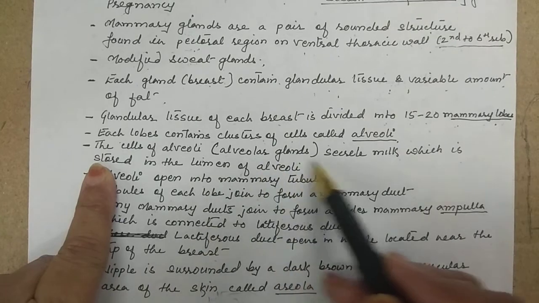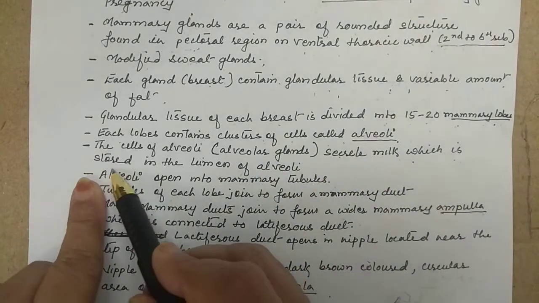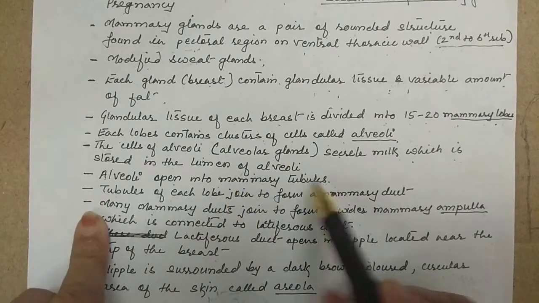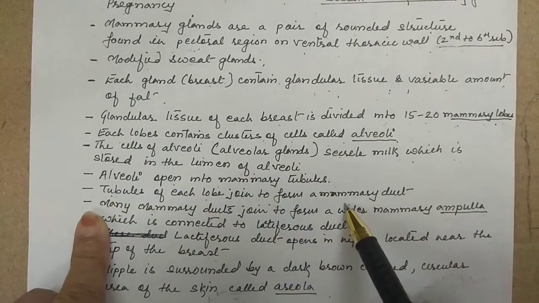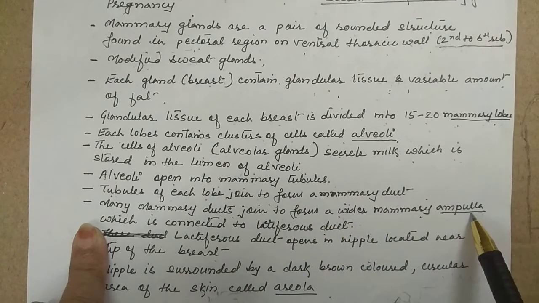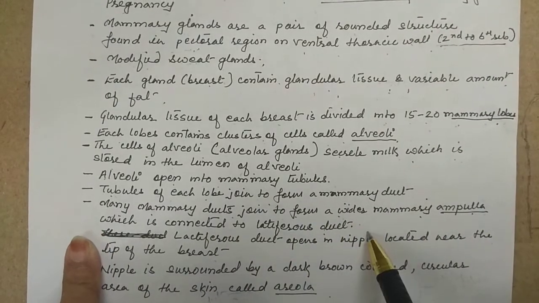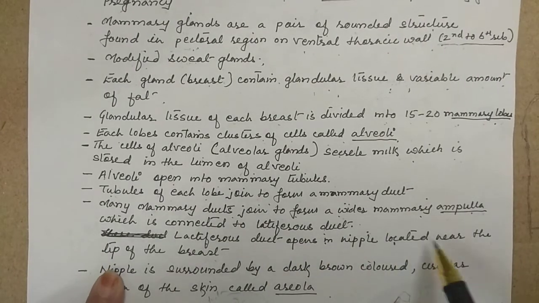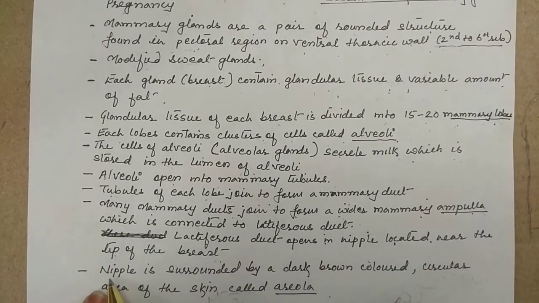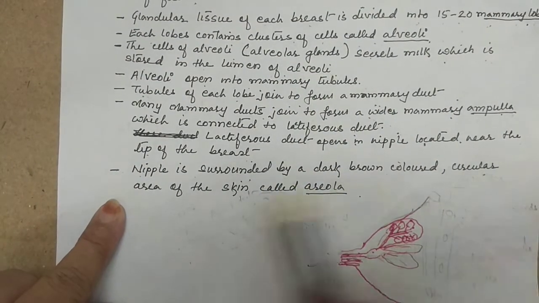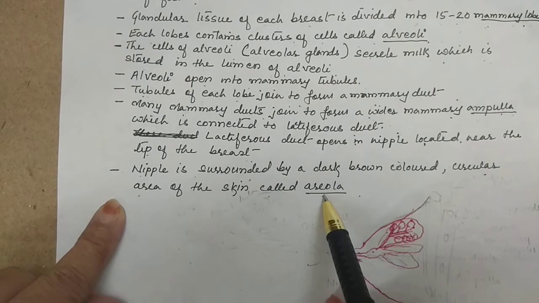The alveoli secrete milk, which is stored in the lumen of the alveoli. Each alveolus opens into a tubule. The tubules join and form a mammary duct. The mammary ducts join and form a wider mammary ampulla, which is connected to the lactiferous duct. The lactiferous duct opens into a nipple located near the tip of the breast. The nipple is surrounded by a dark brown circular area of skin called the areola.